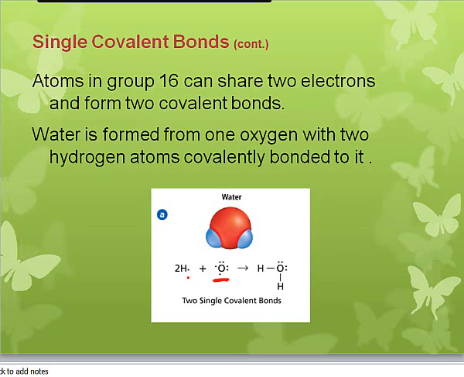Well, hydrogen has 1 electron. So if 2 hydrogens came together with the oxygen, each of the 2 hydrogens can donate an electron here and an electron here, and voila, you have the Lewis structure for water.